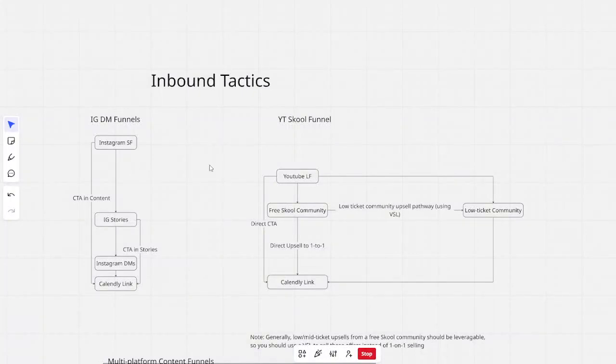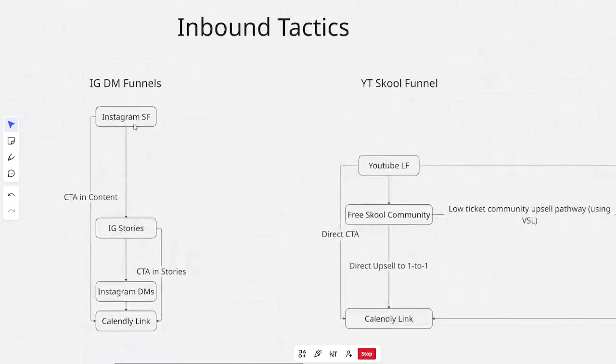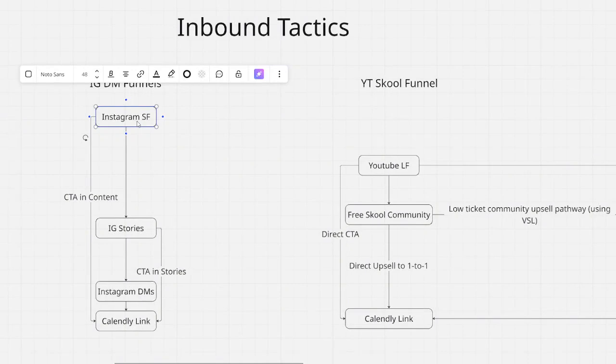And after this, you have Instagram funnels. So this is just like a zoom in kind of what's going on. So this first one looks weird, but Instagram Reels, right? Short form. It does include posts as well. Instagram short form is like Reels and posts, right?